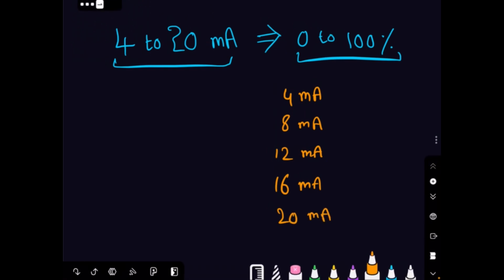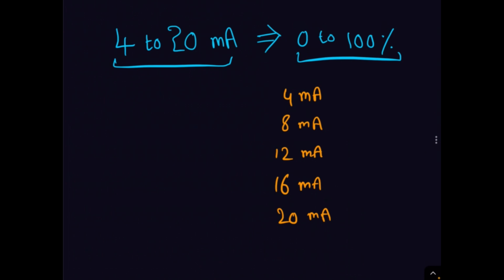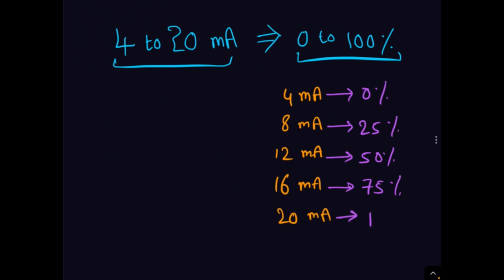In terms of percentage, 4 milliamp is equivalent to 0%, 8 milliamp is equivalent to 25%, 12 milliamp is 50%, 16 milliamp is 75%, and 20 milliamp is 100%.